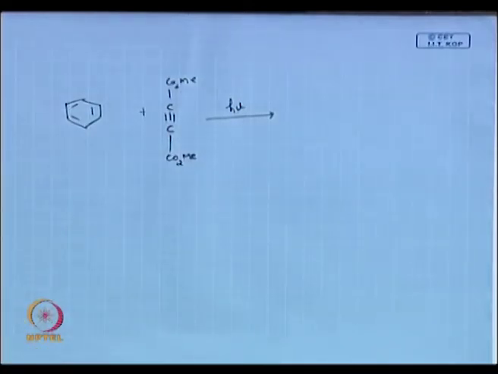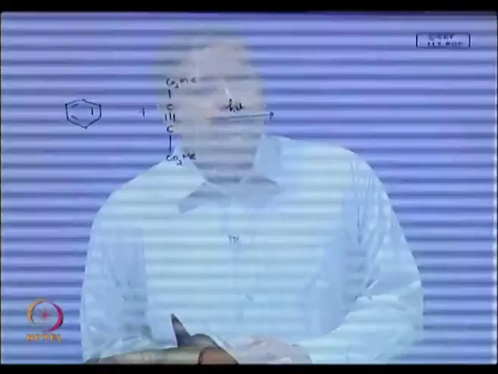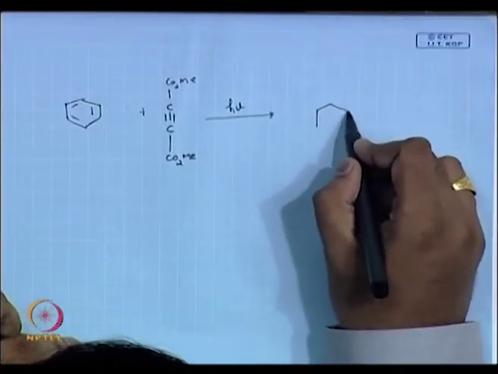So, what will be your dominating product on this? You have a benzene, you have an alkene, that is your alkene type of system. So, your 2 plus 2 will be the feasible product, right. So, I can write a nice 2 plus 2 for this.